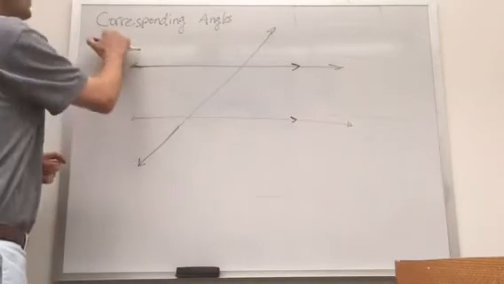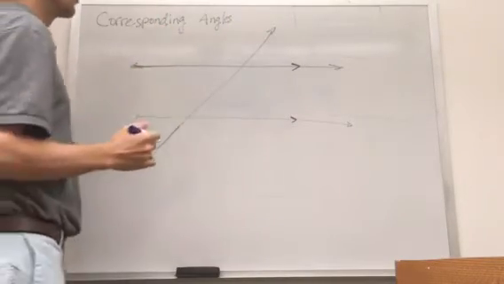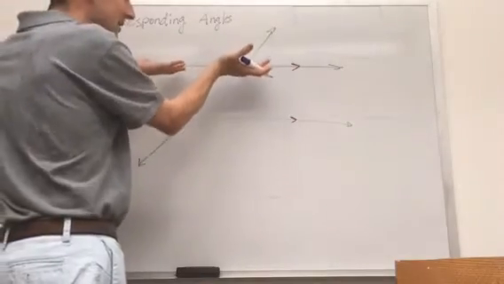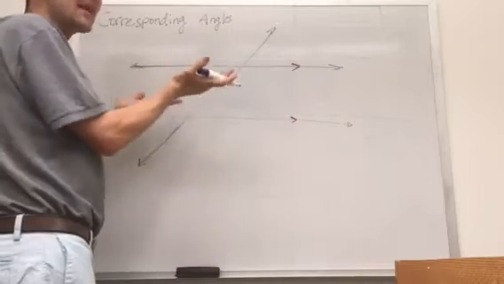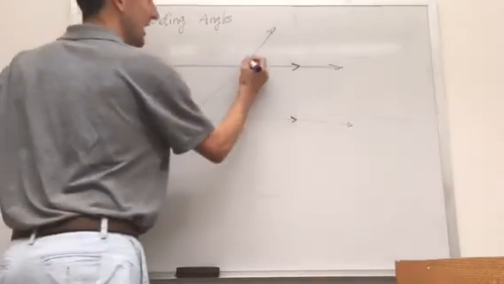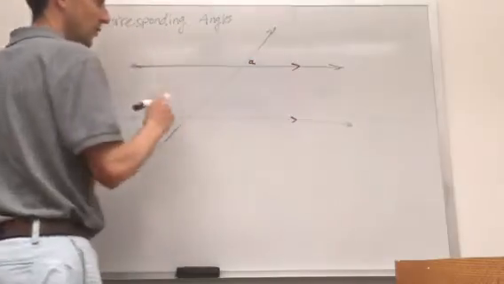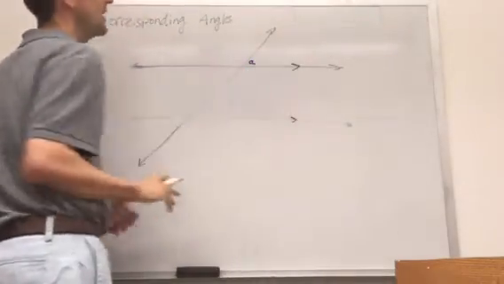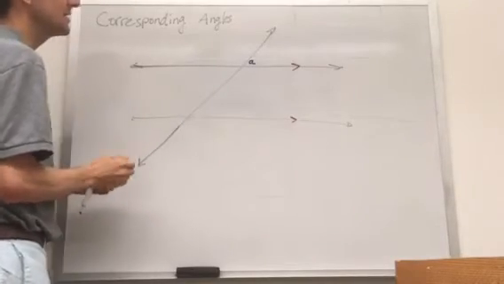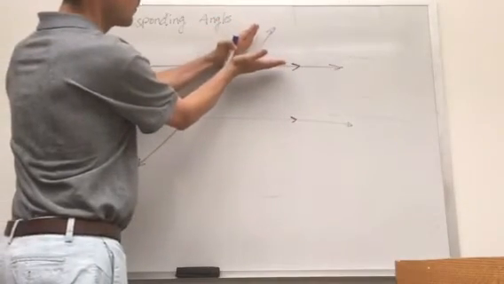So corresponding angles are angles that look the same, kind of hard to explain, look the same on both of the parallel lines. So if I'm looking at angle A on the top line, then the angle on the bottom line that corresponds is the one that looks the same.